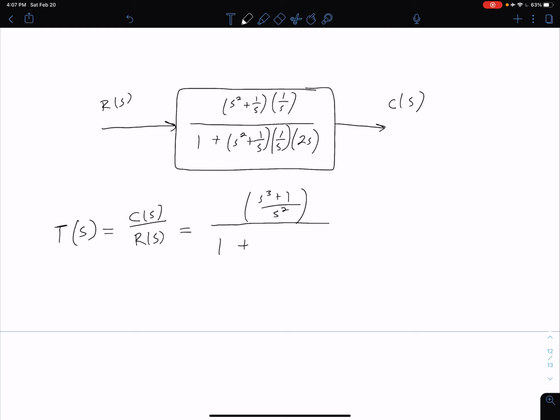And a similar thing in the denominator, we get 1 plus 2S cubed plus 2 divided by S. And with a few other steps, again, if you have any questions about what those are, we can reduce this to the quotient of two polynomials. In the numerator, we have S cubed plus 1. And in the denominator, we have 2S to the 4th plus S squared plus 2S.